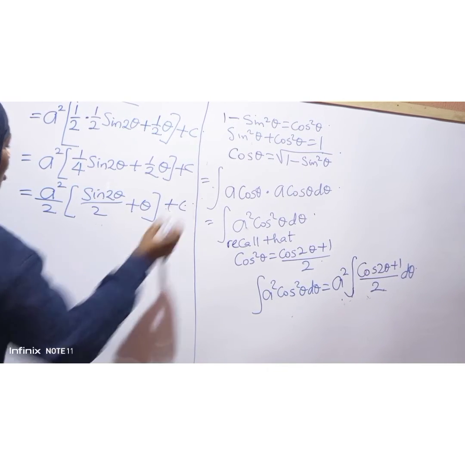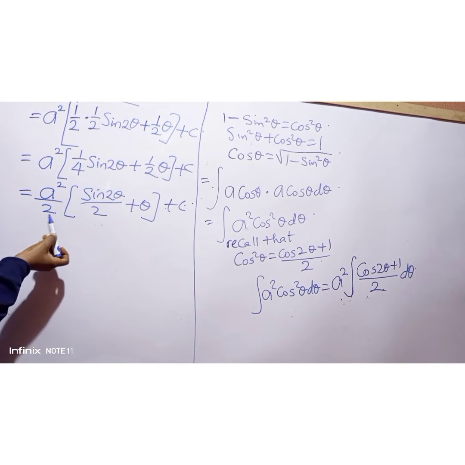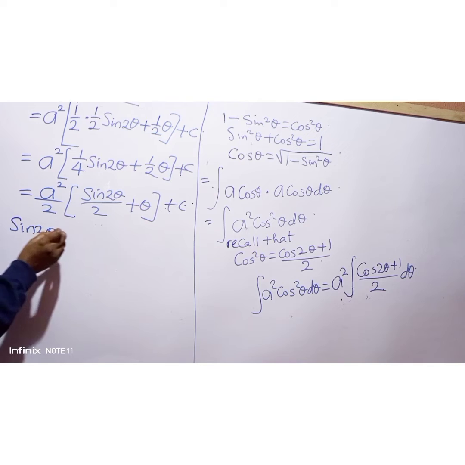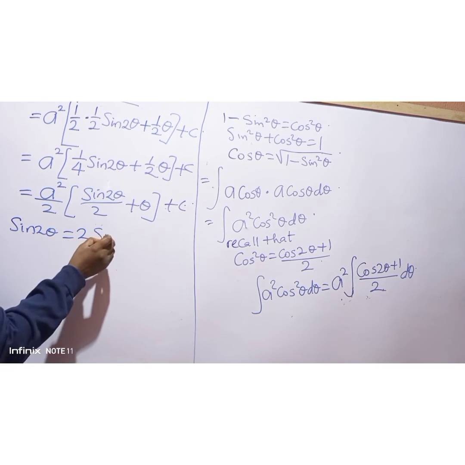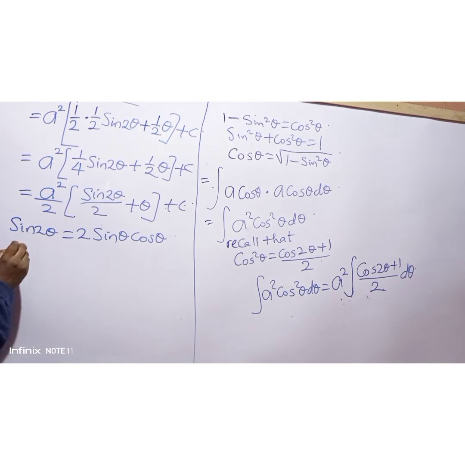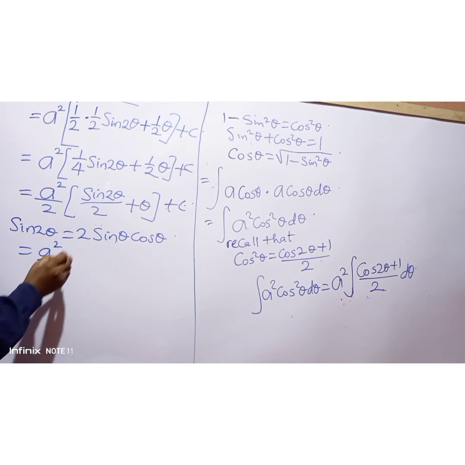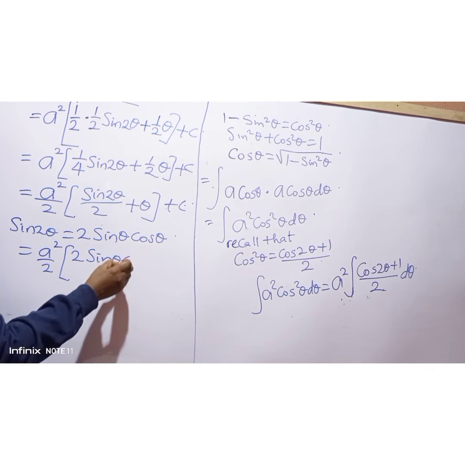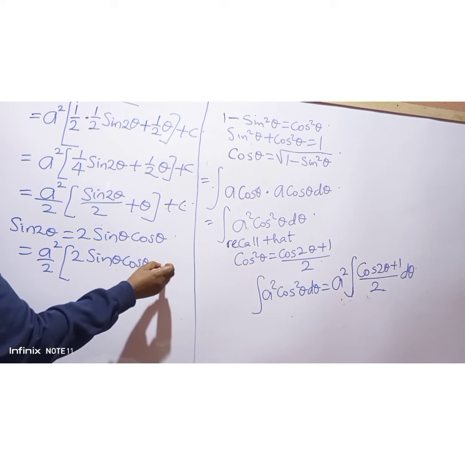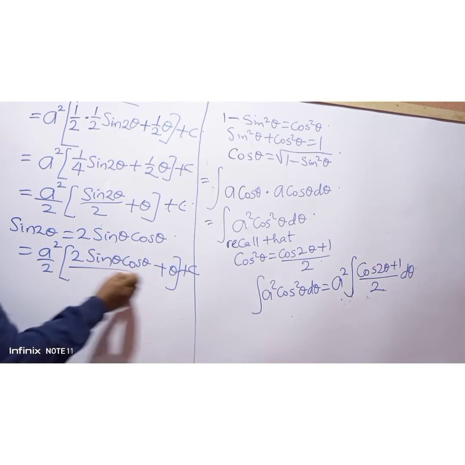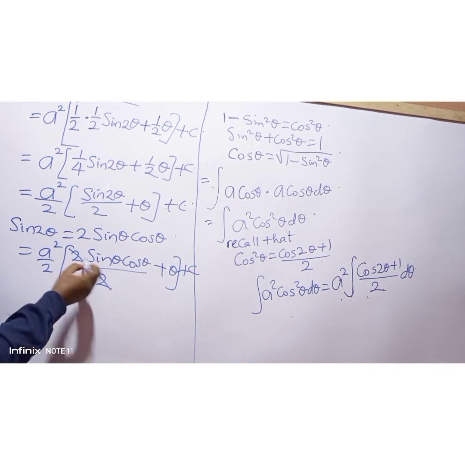From here, I can see that I have sine 2 theta, which is the same thing as 2 sine theta cos theta, so I can substitute it inside. So I have a squared over 2 into bracket 2 sine theta cos theta over 2 plus theta, then everything plus c. And don't forget these two: these two cancel these two.